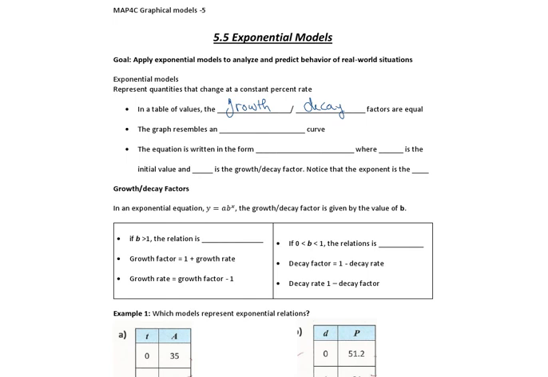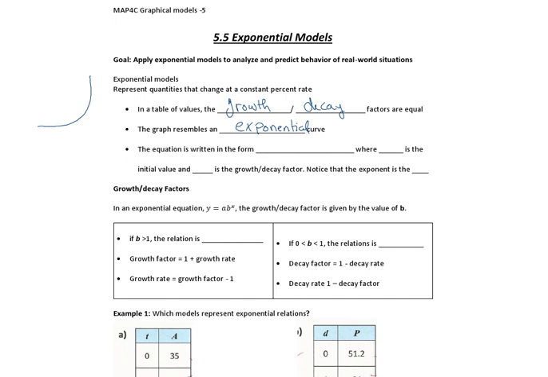In this case, in the exponential, it's the growth and decay factors. The graph resembles an exponential curve. So it would look like this, right? Where it's a slow growth at the beginning and then it grows fast, or it's a slow decay at the beginning and then it decays faster.